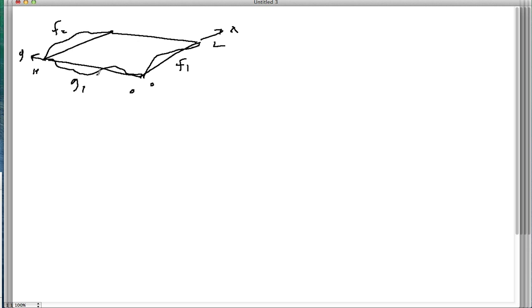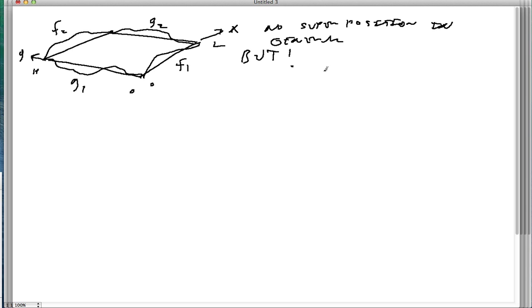And this function g1, and another function here g2. All right. So although we don't have superposition in general, we do have superposition for some special subsets.